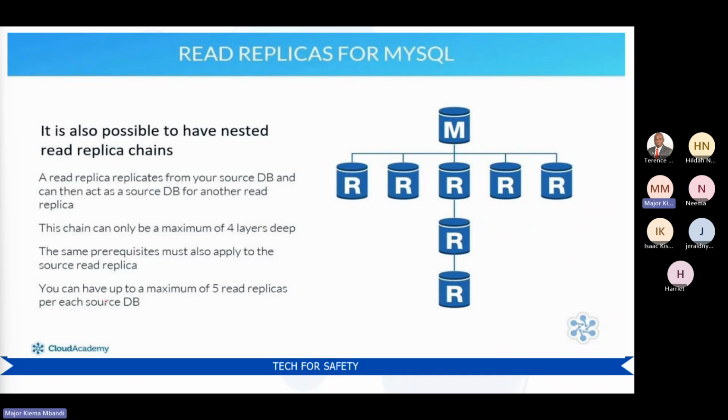So that is what it means: a maximum of 5 read replicas per source. This one can have 1 up to 5. Then, on the levels, this second read replica can be a source for the read replica below it, this is the third, and then this can serve as a source to the fourth read replica in the levels.